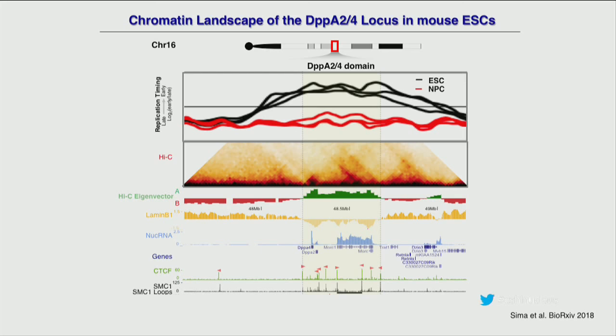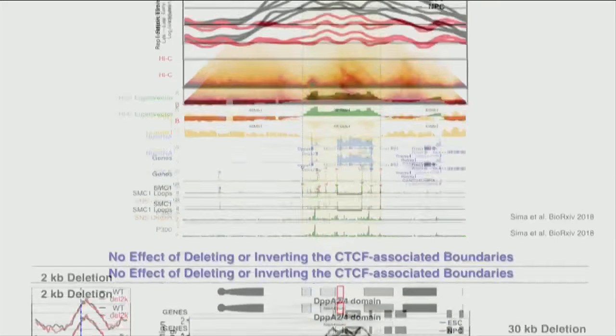There are a couple of CTCF and cohesin binding sites in the domain, with two convergent CTCF binding sites demarcating the boundary. This is the short nascent strand mapped origins, which shows where the replication origins are, and there are a couple of P300 sites suggesting a potential regulatory element for gene transcription.